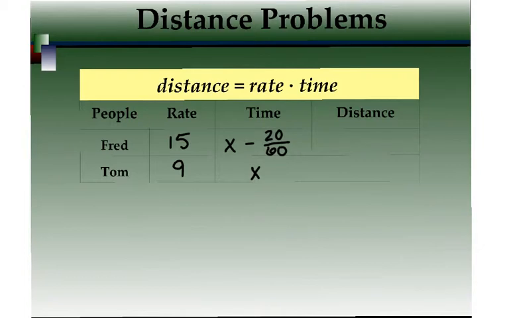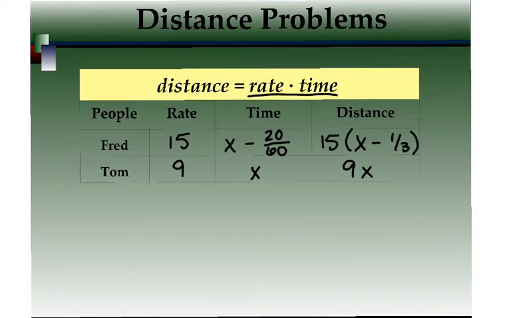Okay? Now distance. Remember this formula up here, distance equals rate times time. So what goes in our boxes here are going to be our rate times time. We're going to just multiply straight across. So 15 times our x minus, and then I'm going to change this to a fraction, 1/3. And then 9 times x.